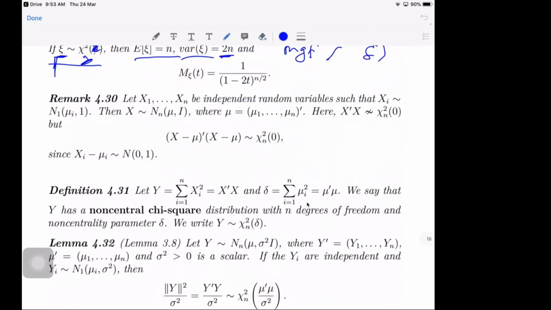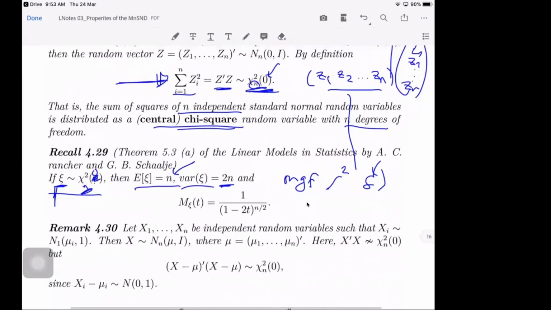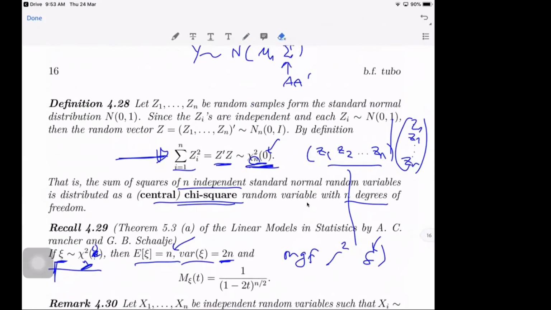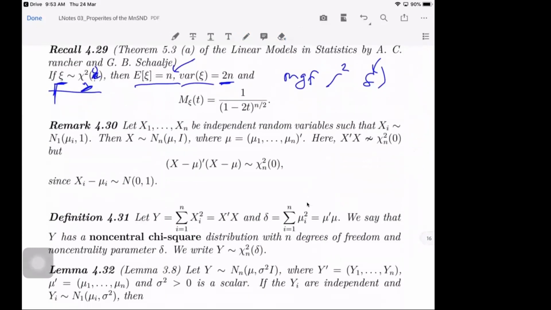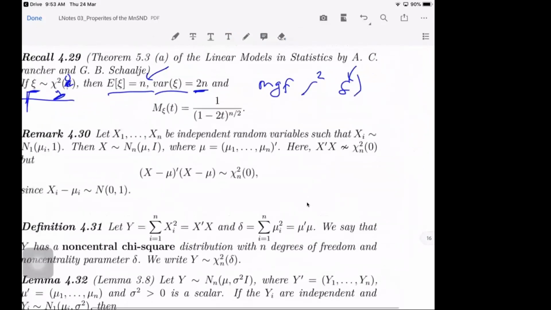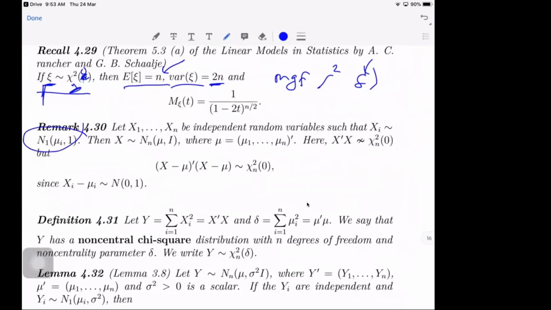Okay, so extension for that. So dinhi ganina ang non-central or ang central started with standard normal. Now suppose ang atong random variable dili standard normal. Say suppose you have x1 to xn independent random variables gihapon such that it is normally distributed with mean mu i and covariance matrix 1.